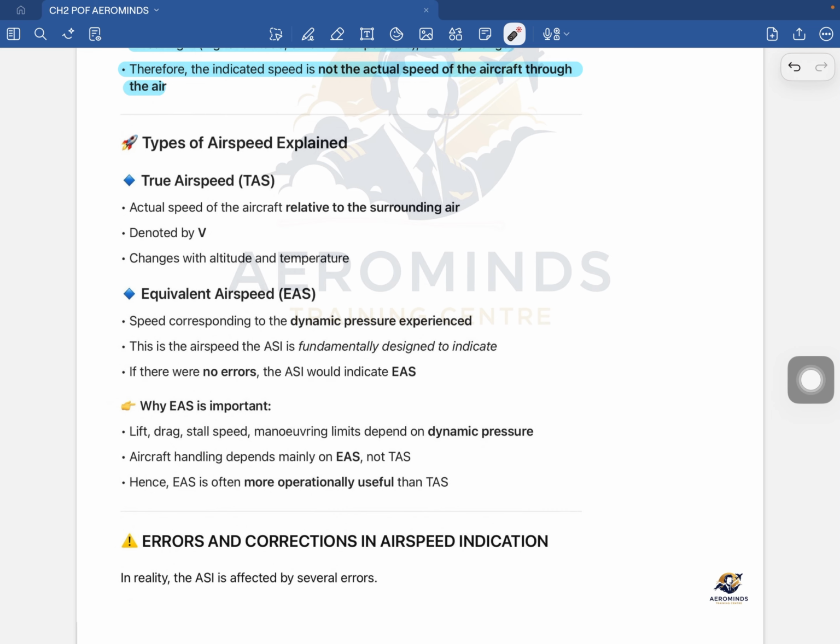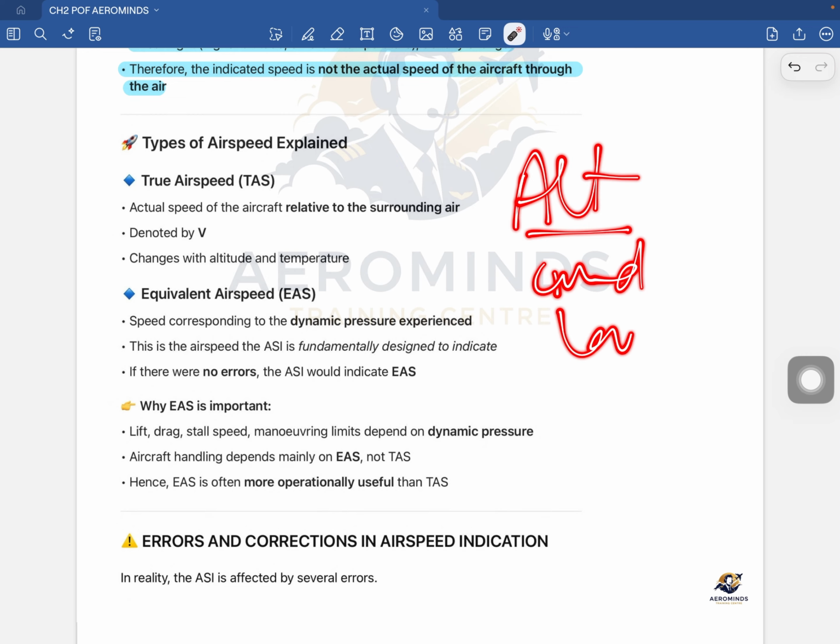This is how fast the aircraft is actually moving through the air mass. In the formula, it is denoted as V, and true airspeed changes with altitude and temperature.